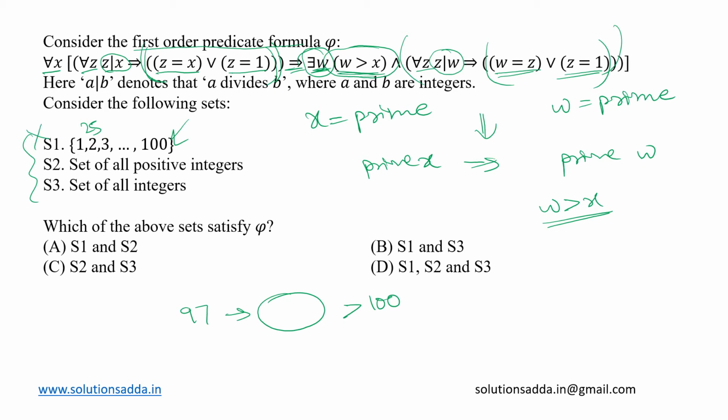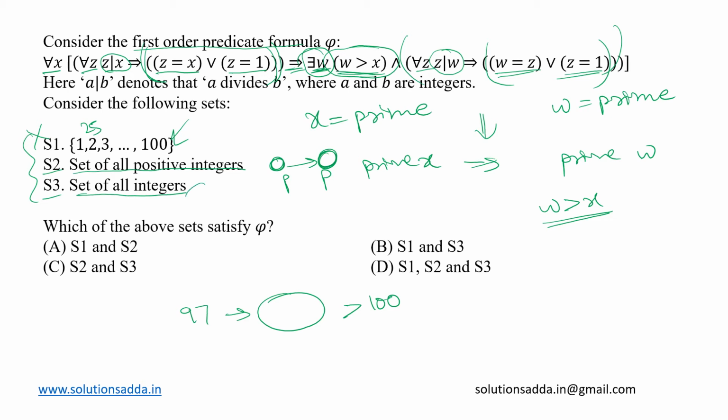But checking the set S2, which is a set of all positive integers, here we can definitely find a greater prime number for any given number, because this is an infinite set. It is countably infinite. So for any given number, we can definitely find a greater number which is also prime. And the same applies for set S3, which is a set of all integers.